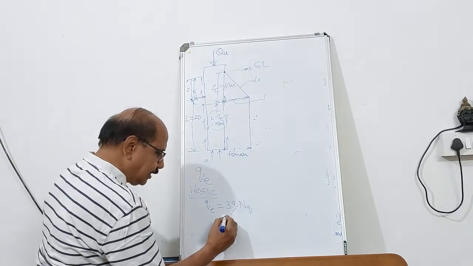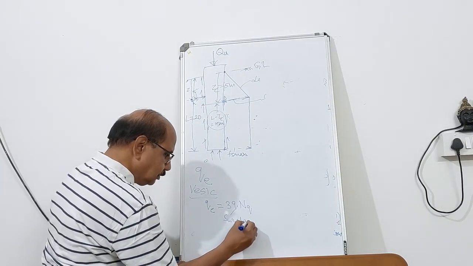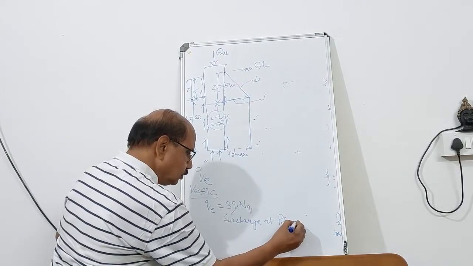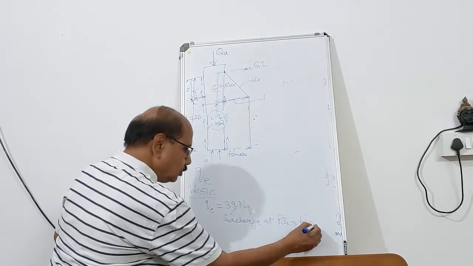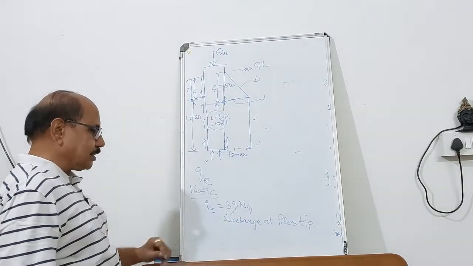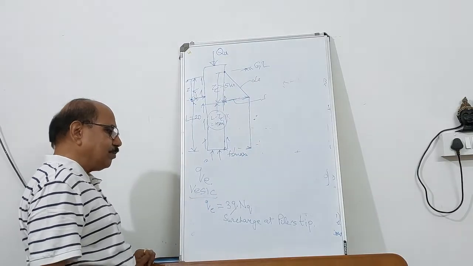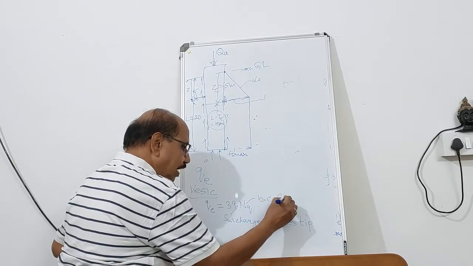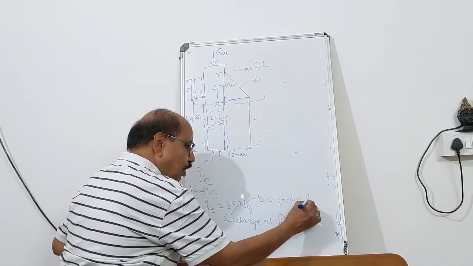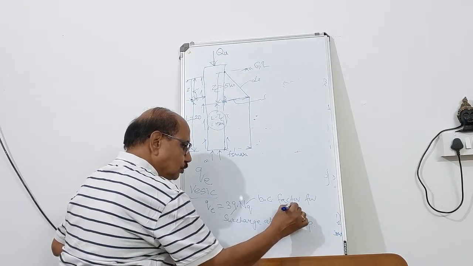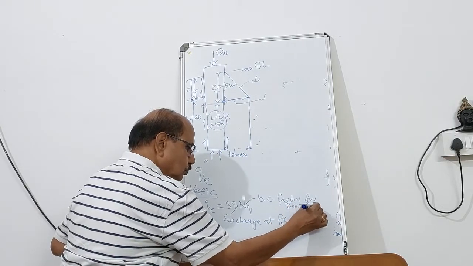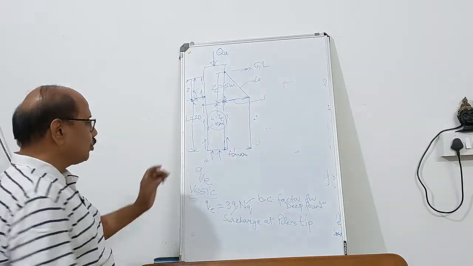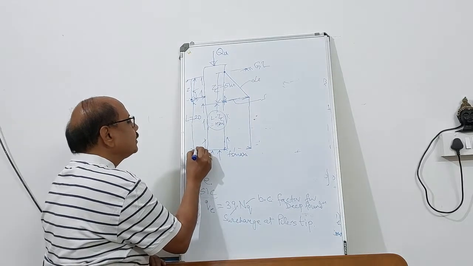The Q is the surcharge at the pile tip. So you can calculate the surcharge at the pile tip. NQ is the bearing capacity factor for the foundation. This will be given to you, NQ.